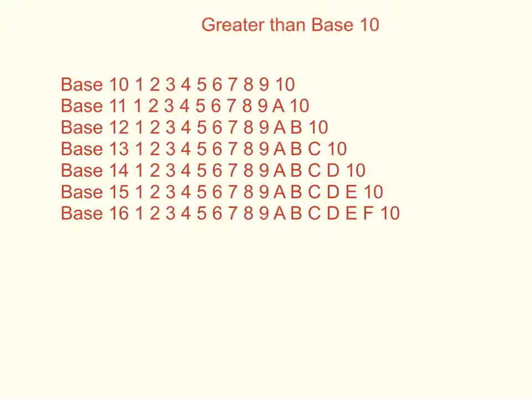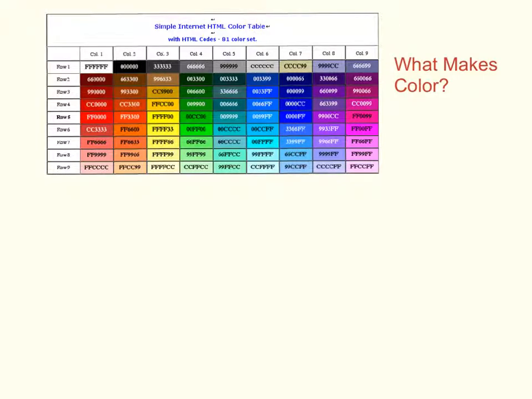So, mathematically, we can go then all the way to base 36, which would do 1 through 9, then go A through Z, before you ever reach the number 10, because of how large the cycle would be for a base 36 number.